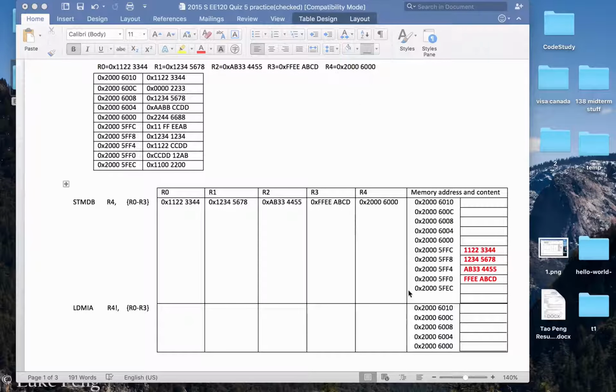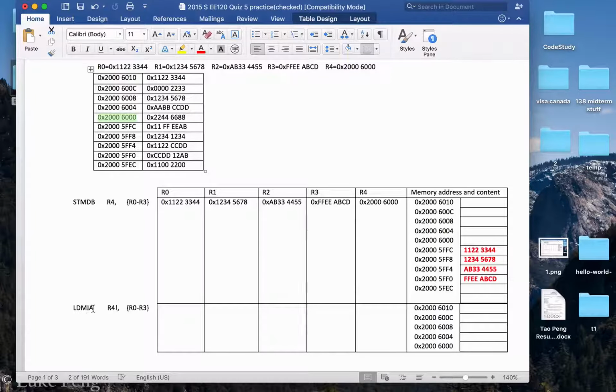My R4 didn't change here, so it's still 20006000. So still I point to here, and I read before, because this is increase after. So it basically means I read first.